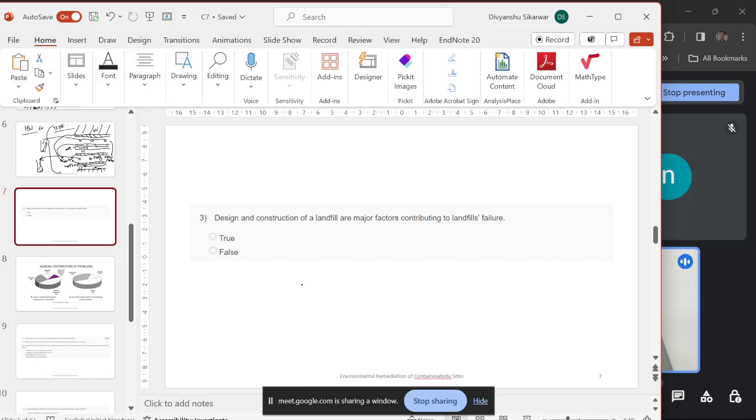So this is the third question. Design and construction of landfill are major factors contributing to landfill's failure.